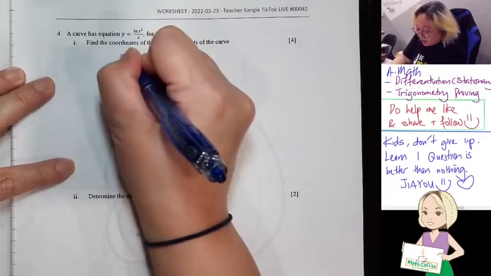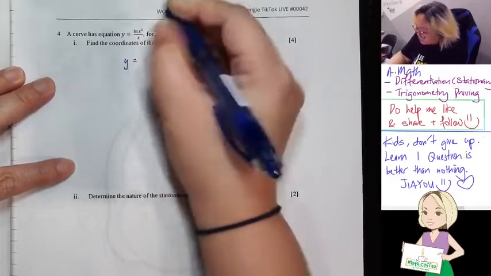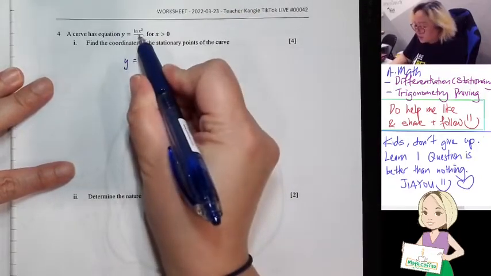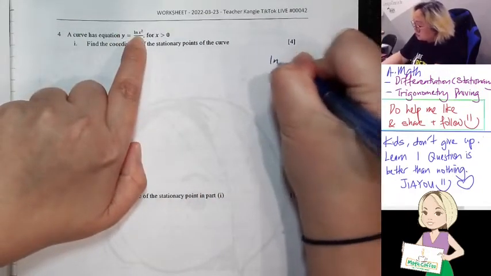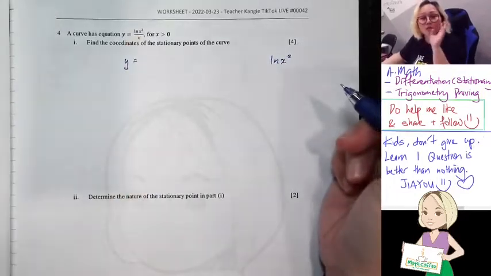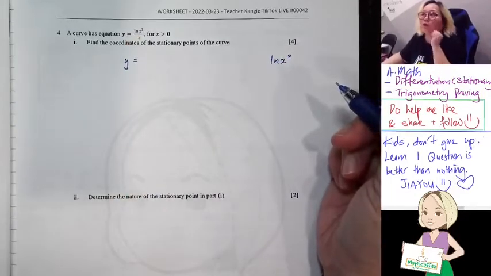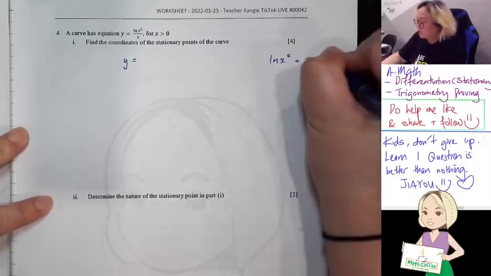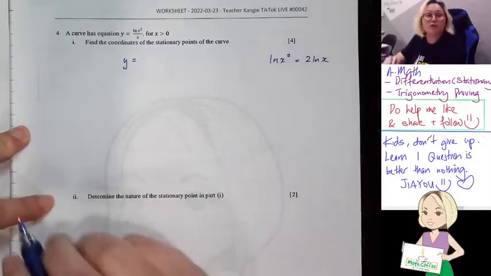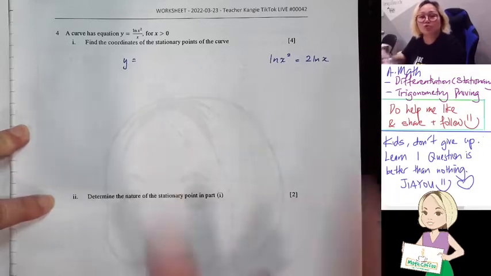So I'm going to write out my y first. Okay, kids, you see here? Here there is a ln x squared. Always when you want to differentiate logarithm, always apply the laws of logarithm first. Our power law tells us that we can bring down the 2. So this is actually written as 2 ln x. So it's easier for you to differentiate 2 ln x, understand?